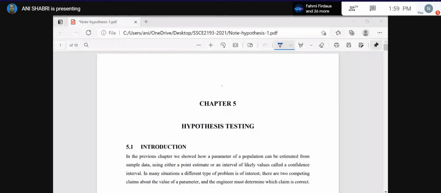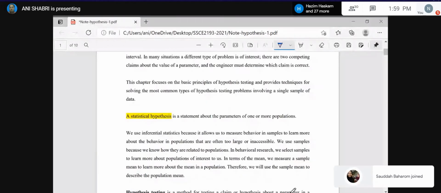We use inferential statistics because it allows us to measure behavior in samples to learn more about the behavior in populations that are too large or inaccessible. We use samples because we know how they are related to the population. In behavioral research, we select samples to learn more about populations of interest to us. In terms of the mean, we measure a sample mean to learn more about the mean in a population.